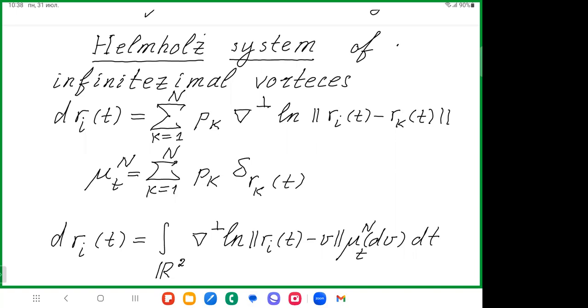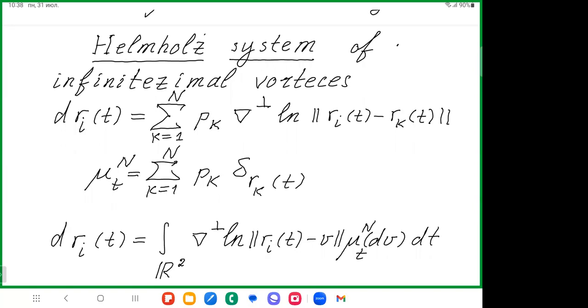This system was invented by Helmholtz in order to substitute the Euler equation of liquid for a fluid. He proposed to substitute the liquid by a finite number of infinitesimal vortices placed at the points r i.